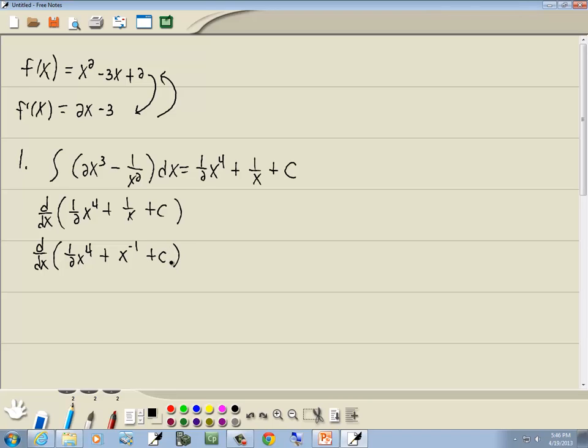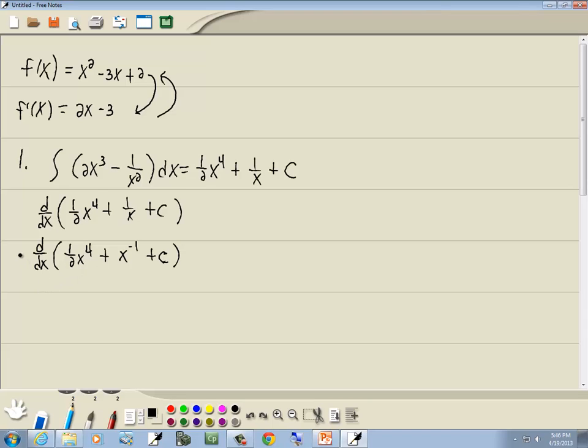Because it's easiest if we have all as either a constant or x to a power. And remember, this is x to the first, so if I take it up on top, it becomes x to the negative 1. You move anything opposite of where it's at in a fraction, the sign of the exponent changes.